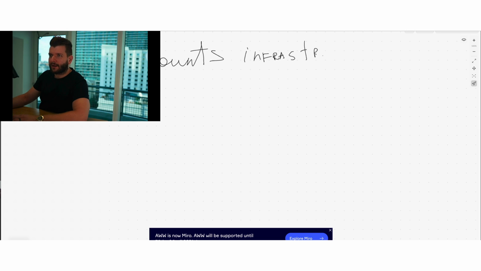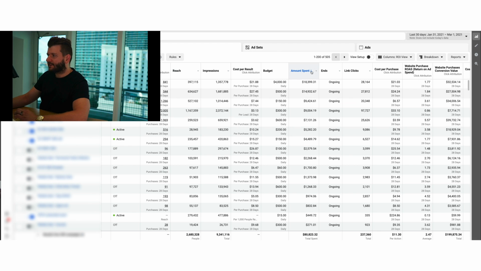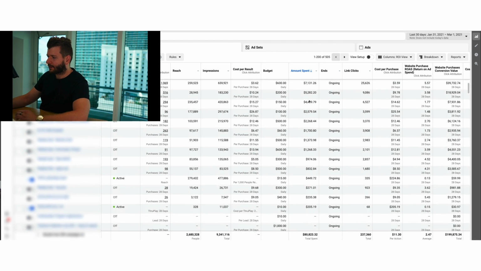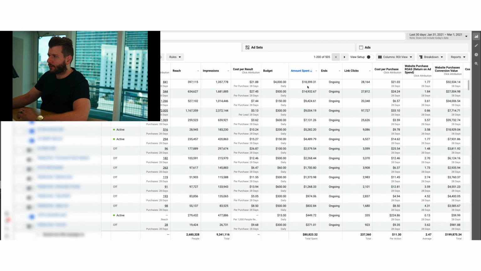In terms of the advertising strategy itself, this is how we consolidate everything. You can see these are different campaigns, and in this particular account I typically like to keep it more consolidated in one place. This is one of our media buyers operating this, so it's not necessarily how I would run it.